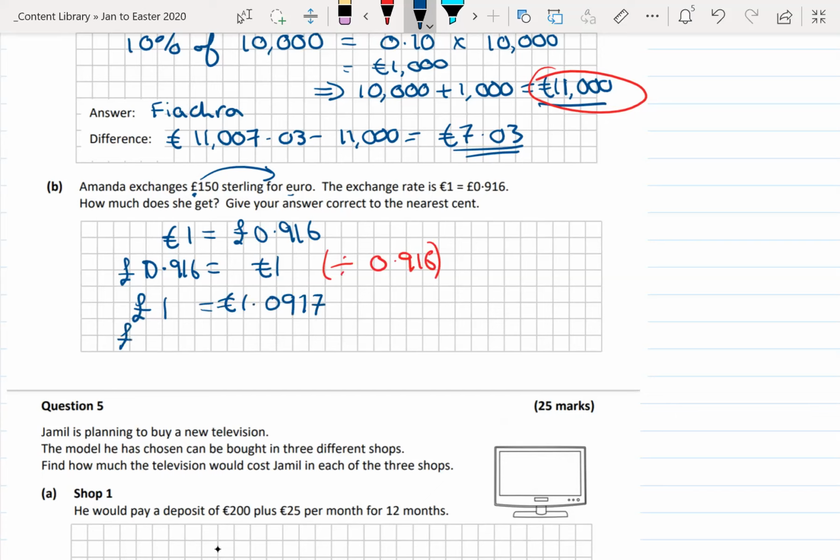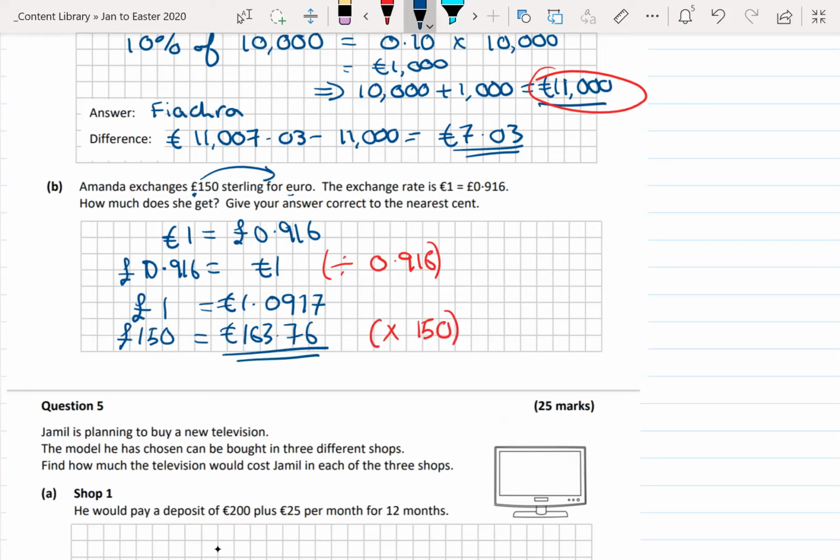So to find out what 150 is equal to, we just multiply both sides by 150. When we multiply the right-hand side by that, we get 163.56.